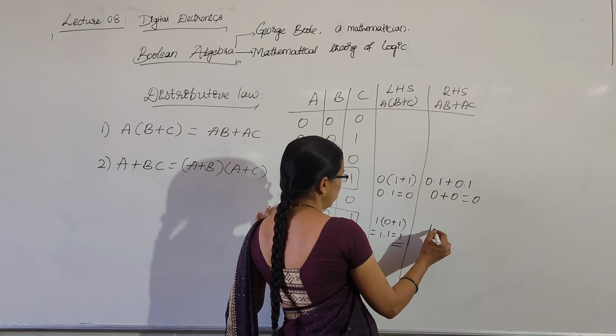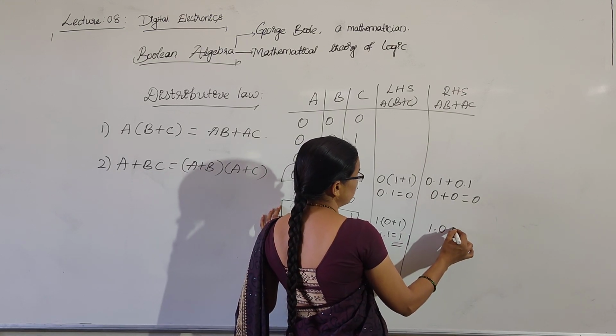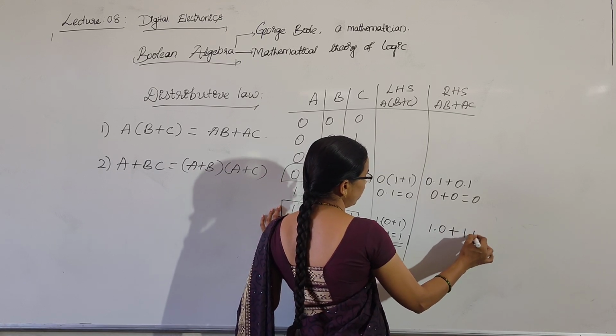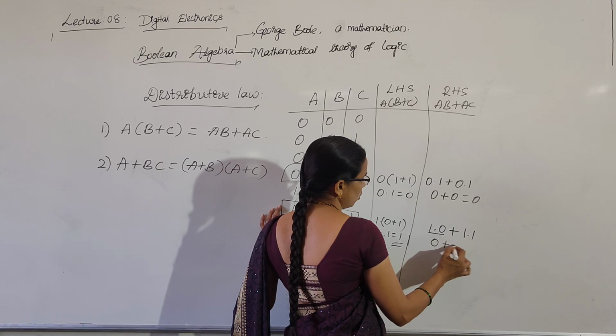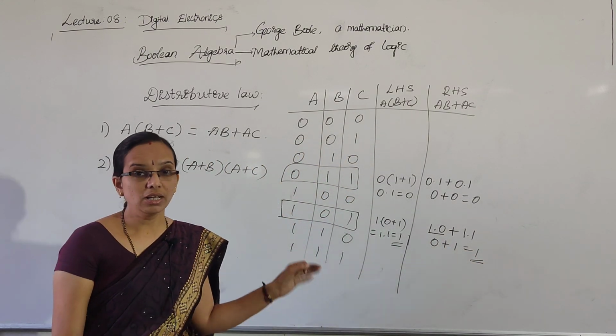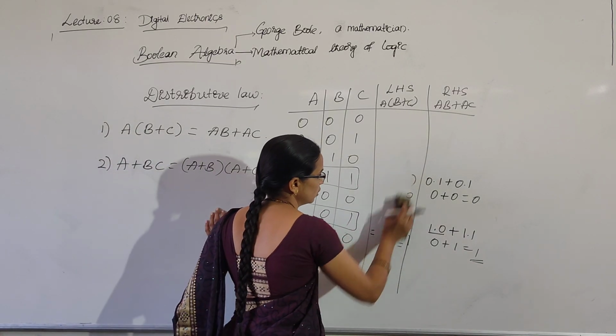Here 1 and 0 or 1 and 1. This is 0 or 1, that will be 1. Okay. So distributive law, first one is proved.